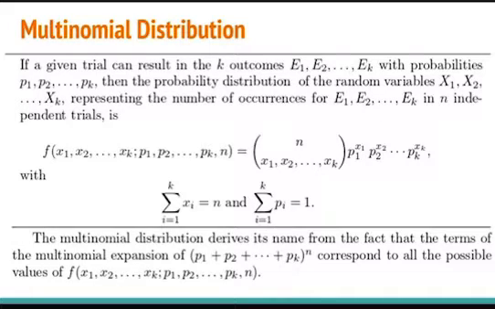So this is the formula, in such a way that when I sum x, it should give me n, and when I sum pi, it should give me 1. Under the binomial expansion, initially we were considering p plus q raised to power n, but here it's going to be p1 plus p2 up to pk raised to power n. That's what we call the multinomial.